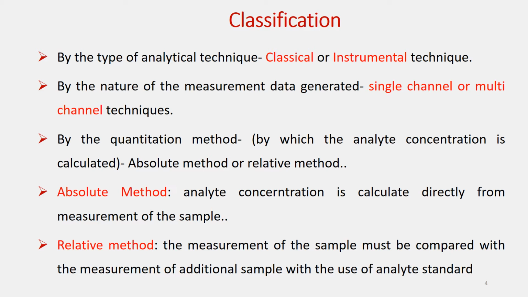Generally, double distilled water is used as the standard and the analyte results are compared with the results of the standard. That is called the relative method. So this slide focuses on the type of analytical techniques, the type of measurement data generated, or absolute method and relative method.